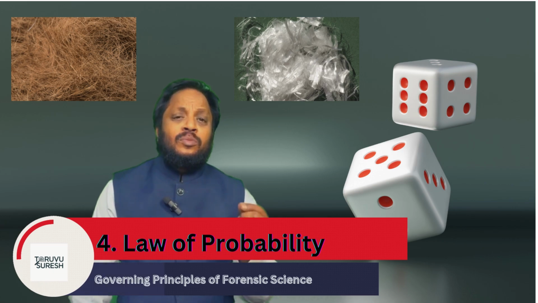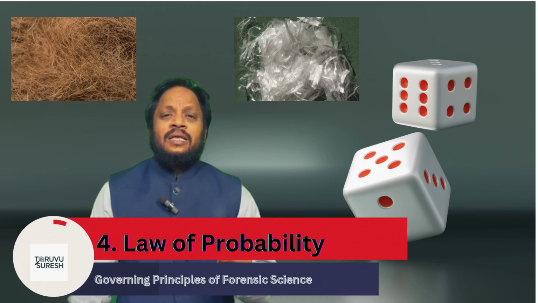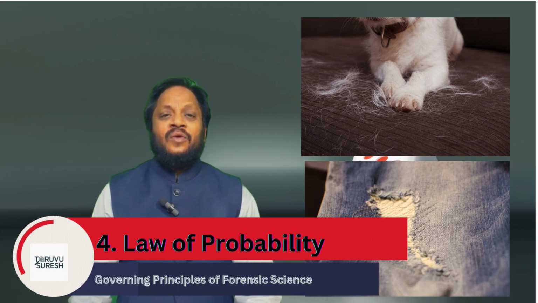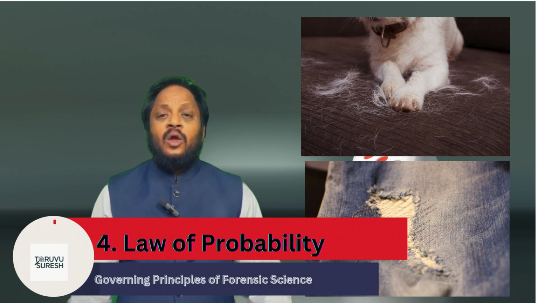However, some things like the transfer of pet hair or common blue jean fiber can't be defined as unique because they are so widespread. The law of probability guides forensic scientists in making cautious, statistically supported interpretations about the evidence they are examining.